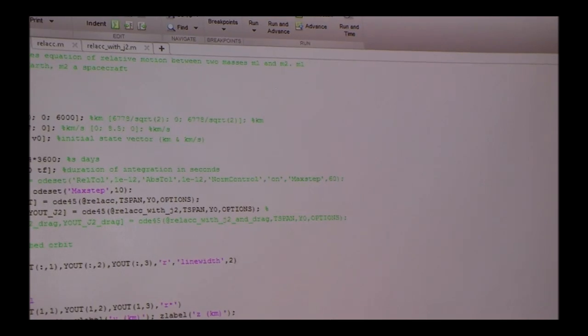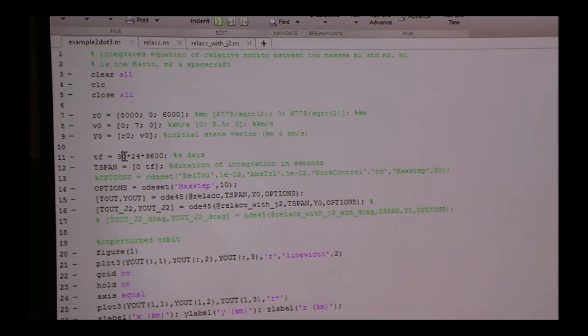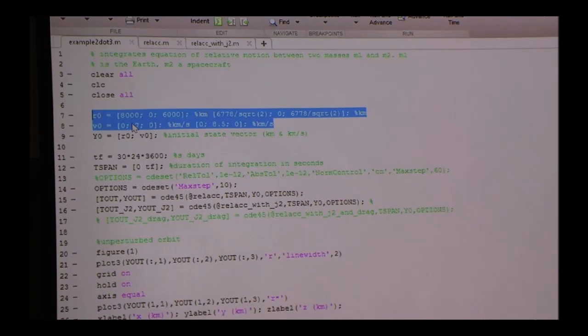Y0 are the initial conditions that you assemble as a single vector. So here I am basically copying what the textbook gave me: 8,000, 0, 6,000 in kilometers for the initial position, and then 0, 7, 0 for the initial velocity. I think that's it. That's what they gave me.